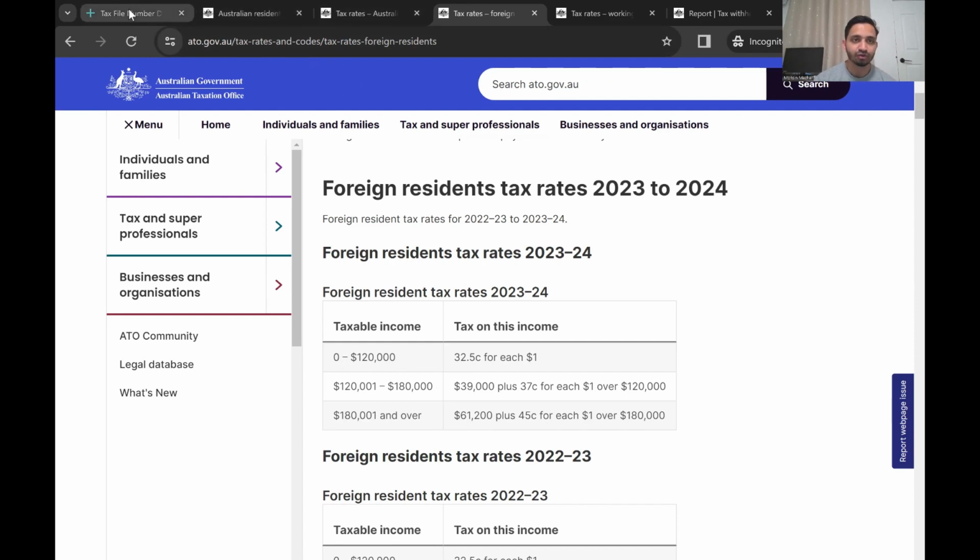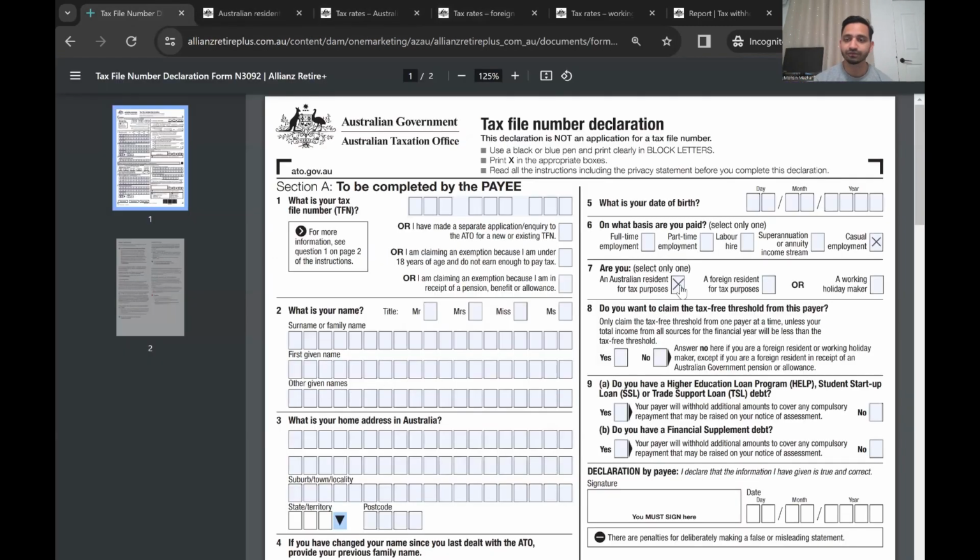Okay, so going back to this form again, if you're a foreign resident, unfortunately, you don't have the tax-free threshold, so you're going to tick this box. Now, you must understand that if you're here for more than 6 months, or if you are an overseas student who's going to study longer than 6 months, you're considered an Australian resident, and you can claim the tax-free threshold.